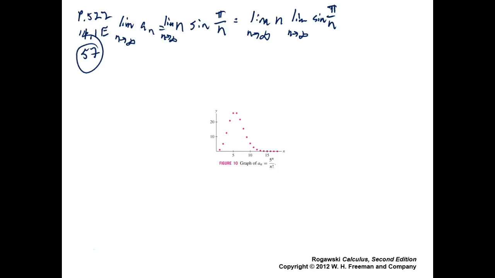Basically what I said before, if you think about it, pi over n, as n goes to infinity, is becoming a smaller and smaller number. And then taking the sine of a smaller and smaller number, and n's going to infinity, so these are all positive values. Basically, it stays between plus and minus 1, right?